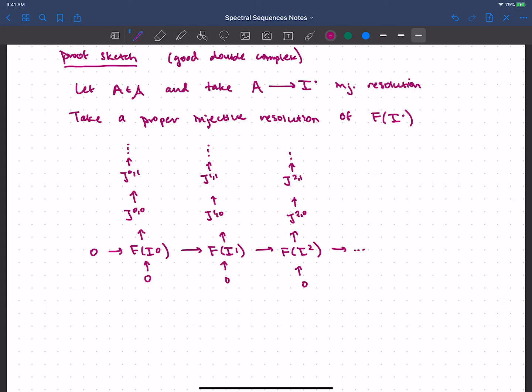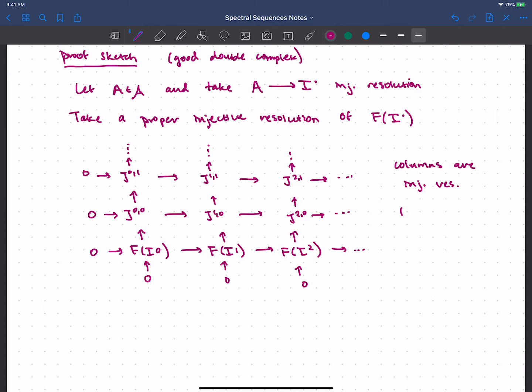Okay, but remember that a proper injective resolution is not just an injective resolution of each of the pieces. We've also got these horizontal maps, making this a double complex. Okay, and what makes this proper? Well, okay, so the columns are injective resolutions. That's just what makes it an injective resolution of a complex.